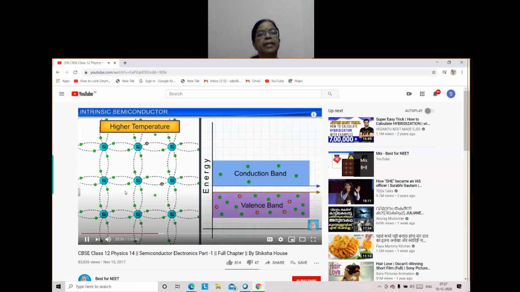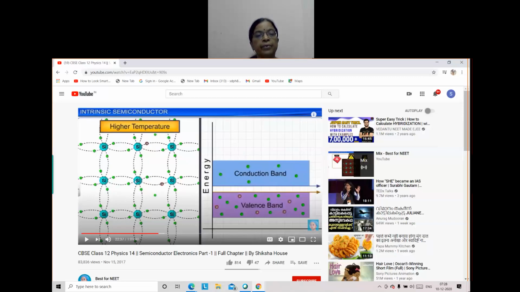So listen children, here is what happens. At 0 Kelvin, no electrons are available in the conduction band. One silicon atom is surrounded by 4 silicon atoms, and silicon needs 4 more electrons to make 8 electrons in the outermost shell. It already has 4, its valency is 4. So it needs 4 more electrons to get 8 in the outermost shell and reach a stable state.